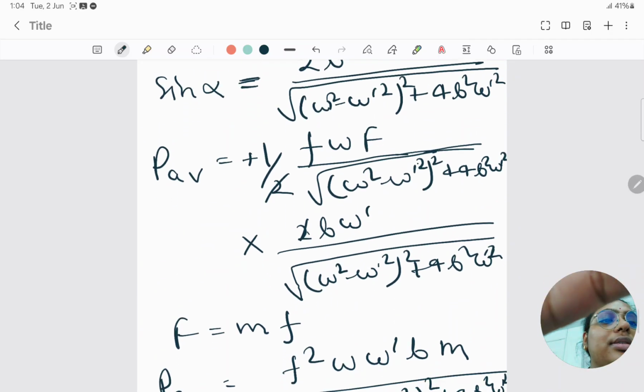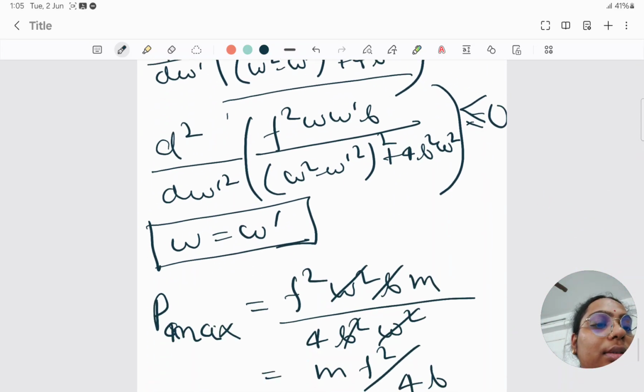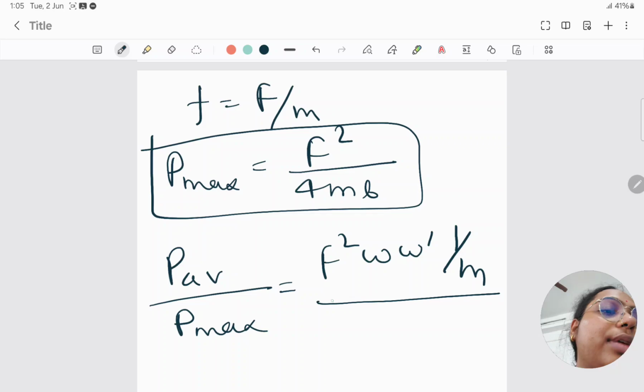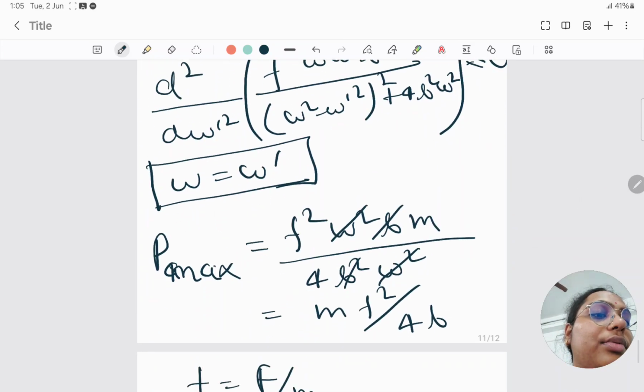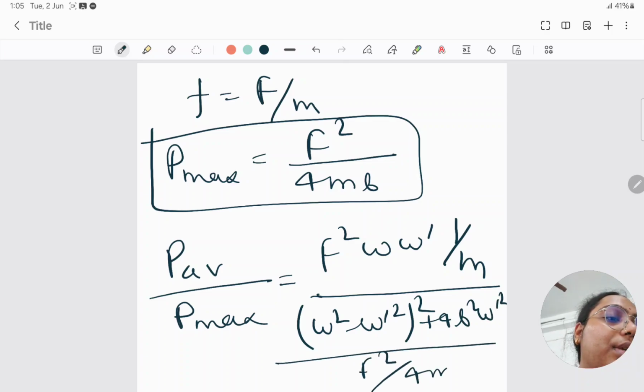P average is this f² m, so this f² ω' divided by (ω² − ω'²) whole square plus 4b²ω'² divided by F² by 4mb.